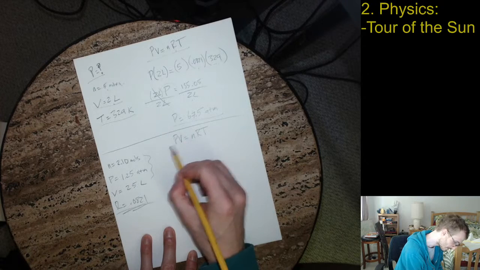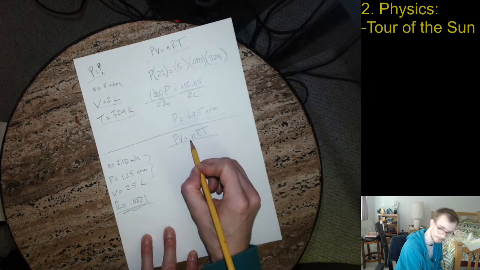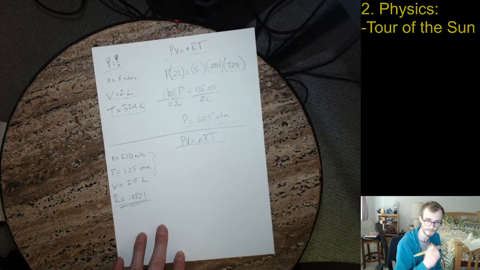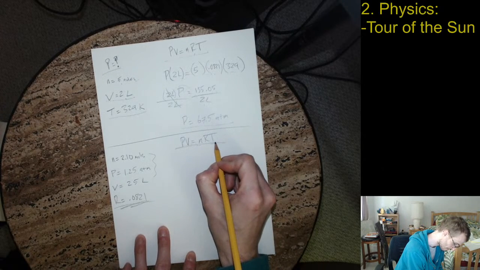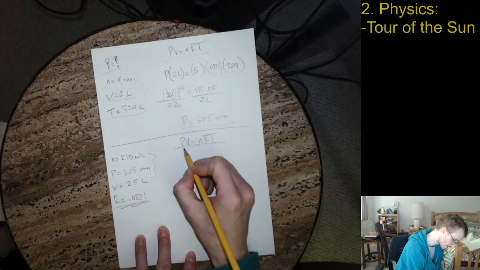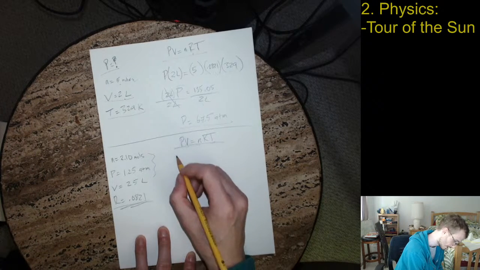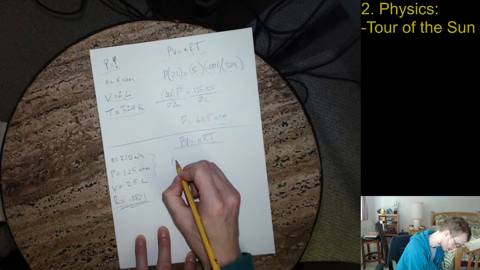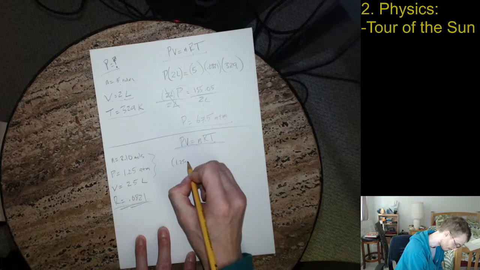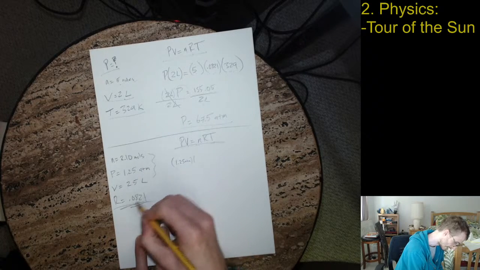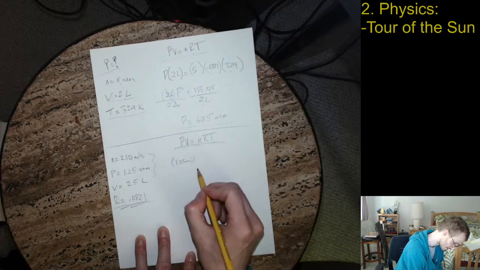Okay, so now we have this equation. Which variable are we solving for again? It said that I wanted to find the temperature. So I'm going to be solving for the temperature by itself. All right, on this side, I know both P and V. So I have pressure. I'm going to substitute as 1.25 ATM. And then for volume, I'm just going to substitute this right over here.